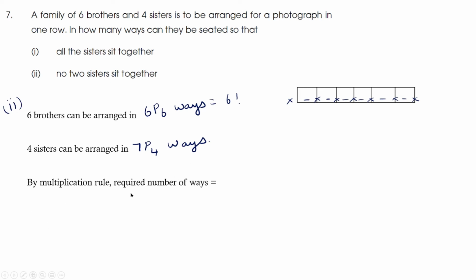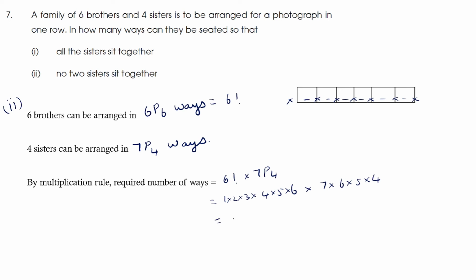So by multiplication rule, the required number of ways is 6 factorial into 7p4. Or this is 1 into 2 into 3 into 4 into 5 into 6, and 7p4 is 7 into 6 into 5 into 4.